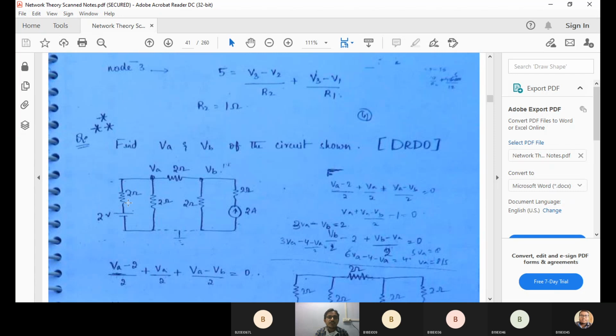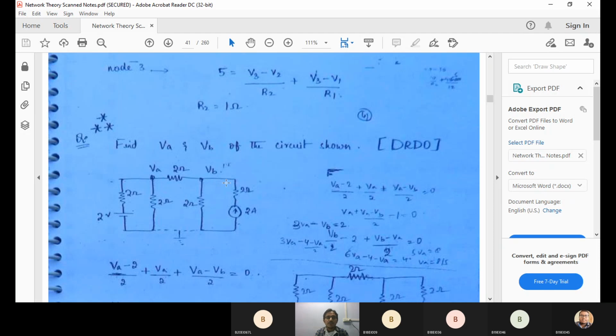So (VA minus 2) by 2 plus (VA minus VB) by 2 plus (VA minus 0) by 2 is equal to 0. This is KCL, nothing but I1 plus I2 plus I3 is equal to 0. There is no current accumulating at the node. This is I1, this is I2, this is I3.